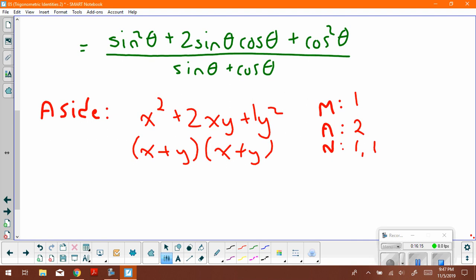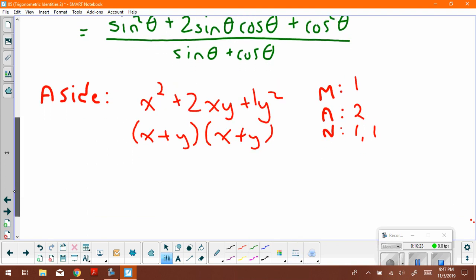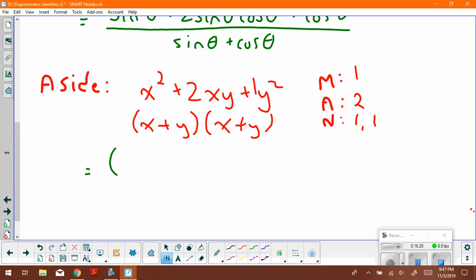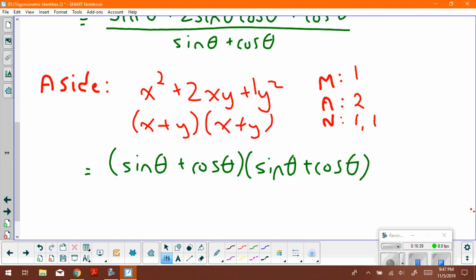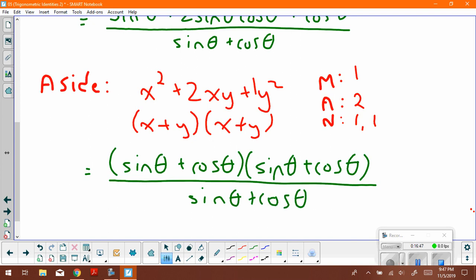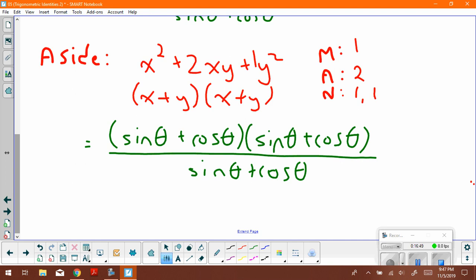So returning to what I had before, that means that top part was factorable. So this factors into, x was my sine, so sine plus cosine, and sine plus cosine, over sine plus cosine. Now that we've done the factoring, it's kind of become clear what's going to happen here.